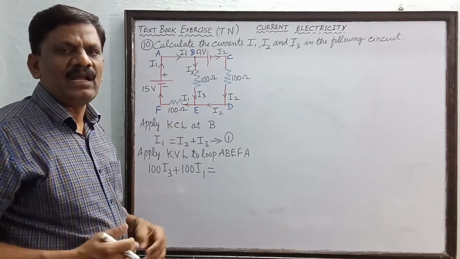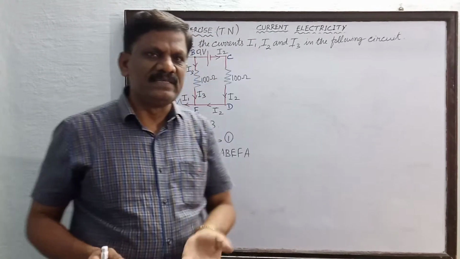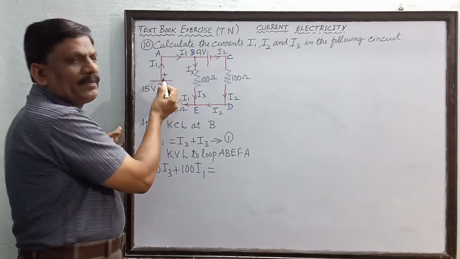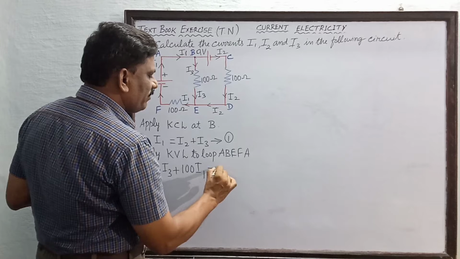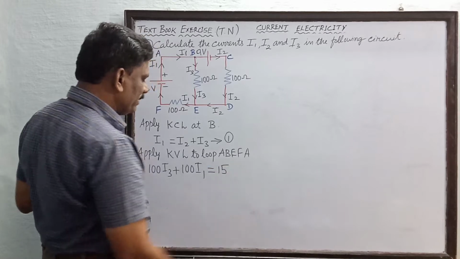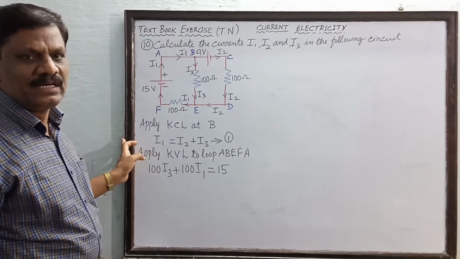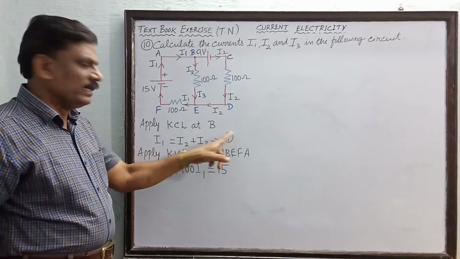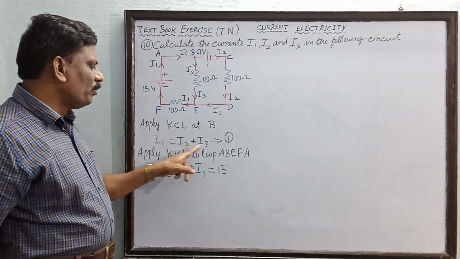Now which terminal of the cell is sending the current I1? Is it positive or negative? You see here, the current I1 starts from the positive terminal. Therefore this 15 is positive. Is it not?